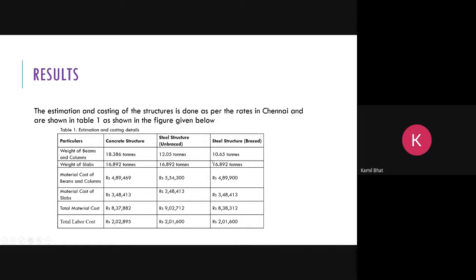Then after that, we estimated material and labor costs. Here, results are shown in this table, like dead weight of beams and columns, weight of slabs, and material costs calculated for concrete, steel unbraced and steel braced, meaning steel with bracing. After that, how much the total material cost is for all these three types of buildings, and total labor costs.